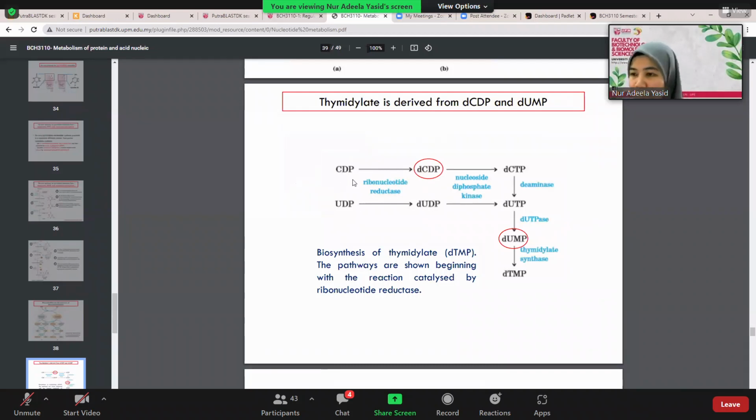Kalau ada je ribonucleotide reductase, meaning that we want to convert that molecule into deoxyribonucleotide. So we have this deoxycytidine diphosphate. Once it is already in the form of deoxy, we can convert it to DCTP. And DCTP can be converted to DUTP.